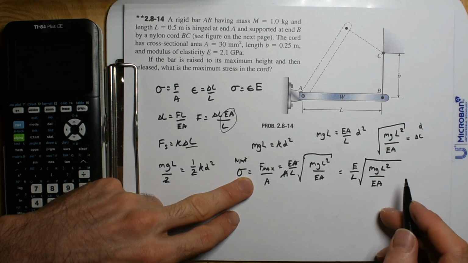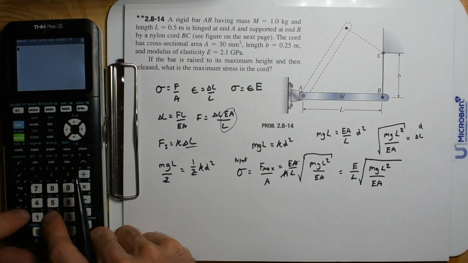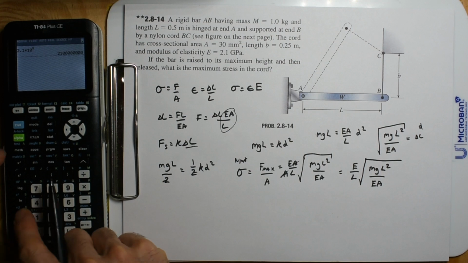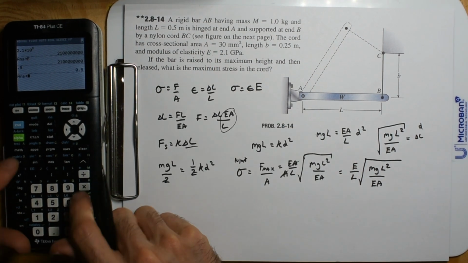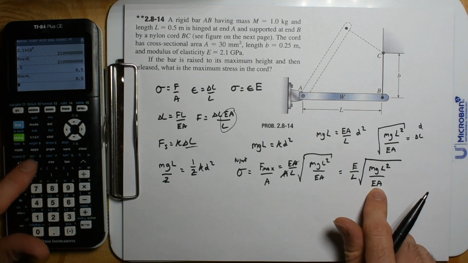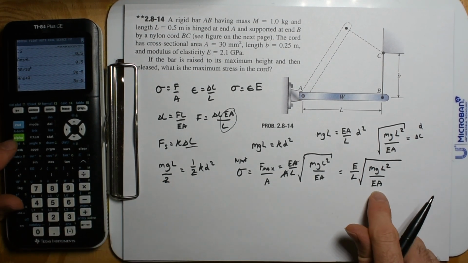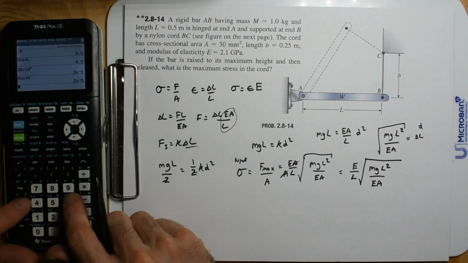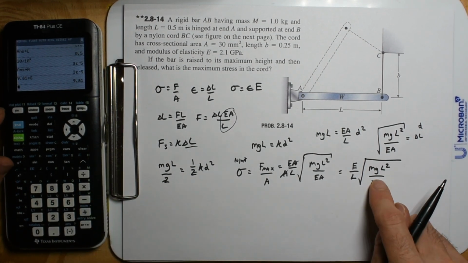And so let's just throw it into our calculator like that. So we got 2.1 times 10 to the 9. We're going to store that as alpha E. We have 0.5. We're going to store that as alpha L. We have the area, which is 30 divided by 10 to the 6. Now that is the area in meters squared. Cool. 9.81 stored as alpha G. Cool.